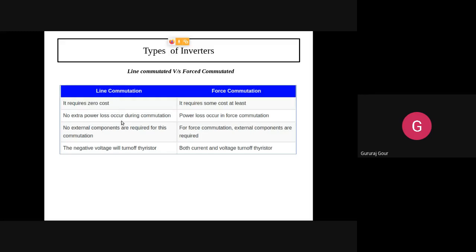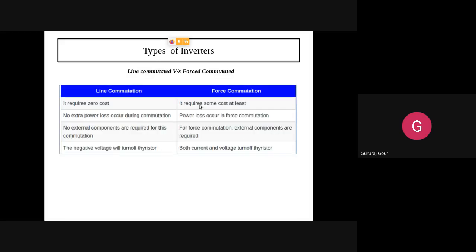In line commutated inverters, no external components are required for commutation because it happens naturally. But here we need an external arrangement or extra components to do the commutation forcibly. In line commutated inverters, a negative voltage will turn off the thyristor, but here both current and voltage will turn it off.